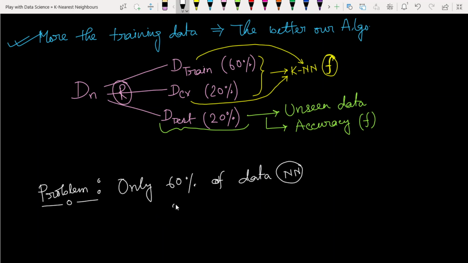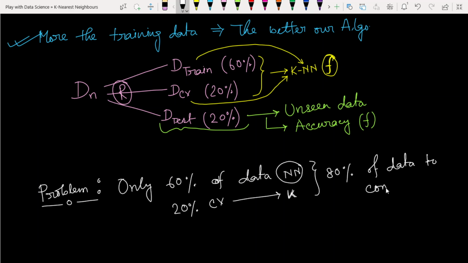And 20% of the data we use for cross validation, to determine our best k value. So in total, of the overall data we are using 80% to compute the NN, the nearest neighbor points. Only 60% of the data is treated as nearest neighbors, and to calculate the best k we use the 20% data.